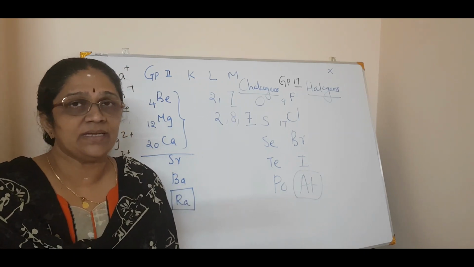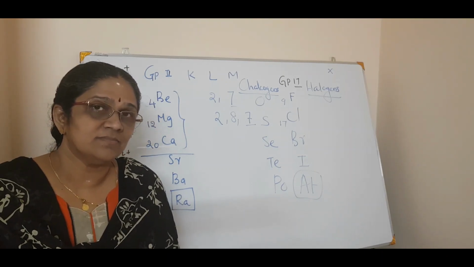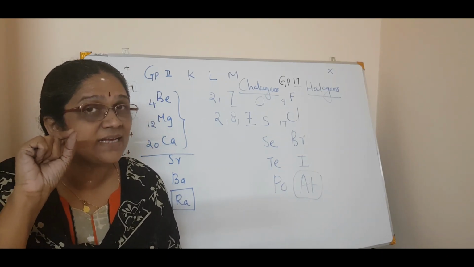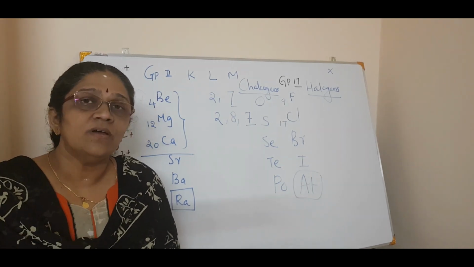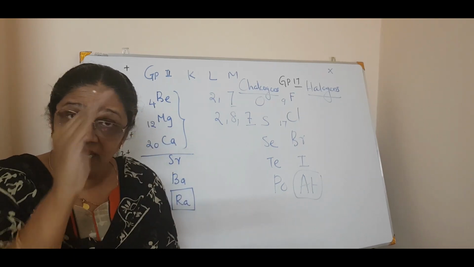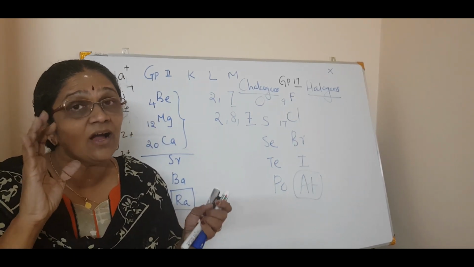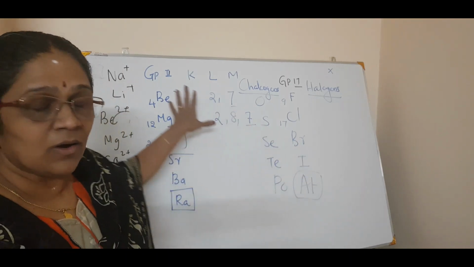And also draw the electron dot structure of hydrogen to calcium. You drew the Bohr atom model last year. So that you can have an idea of the shells. So this is how the groups are.